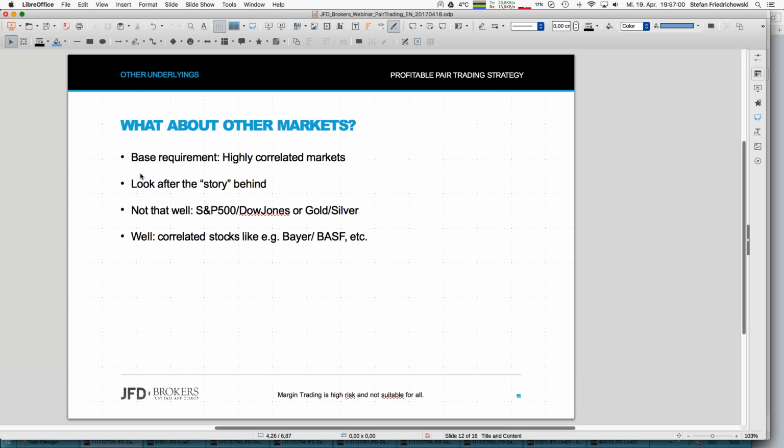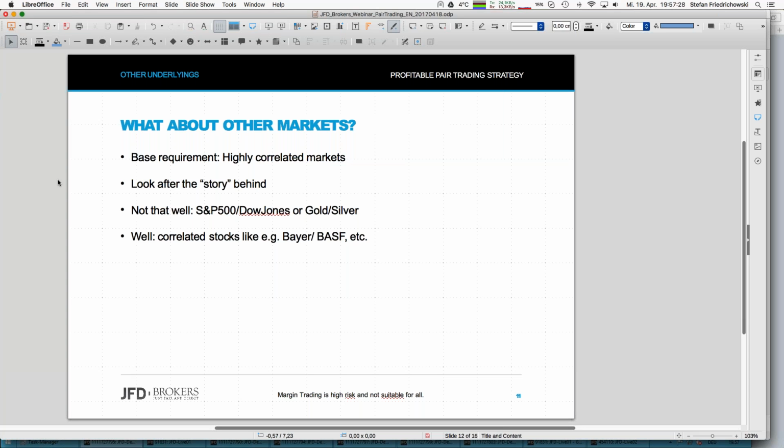But at least with the kind of entry logic I showed here during this webinar, no, it does not work, at least not well enough. The results are not that good. You can get it profitable, but not like Brent versus WTI.